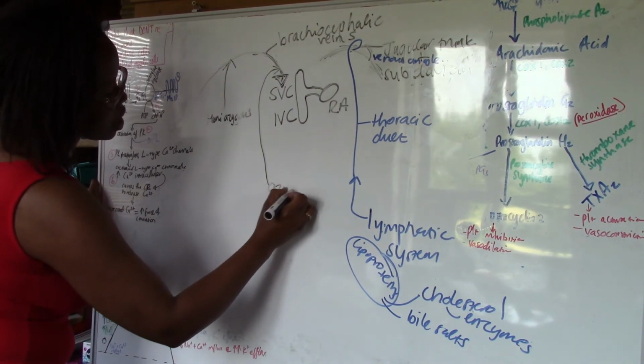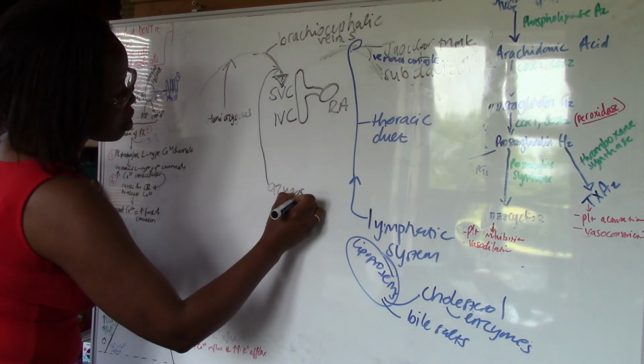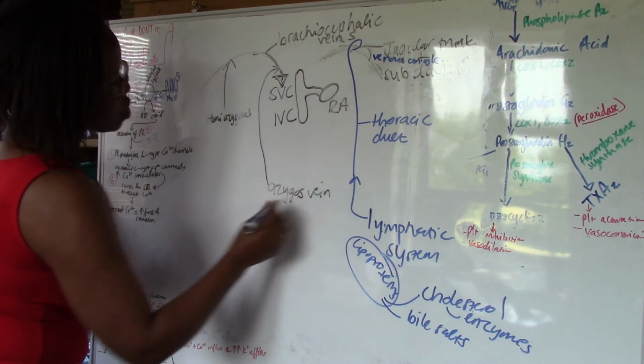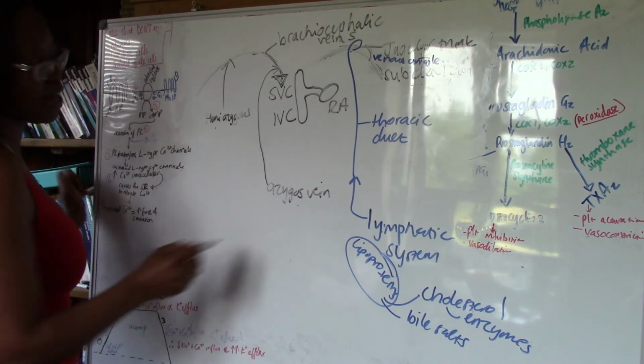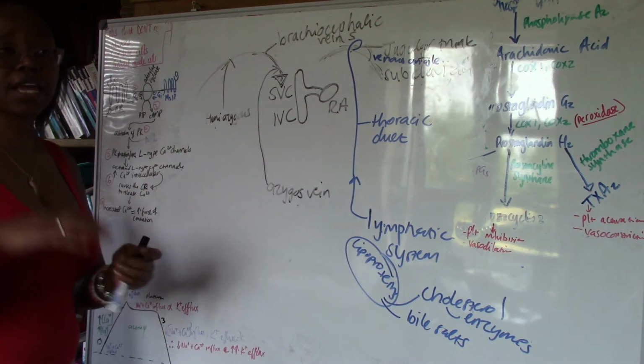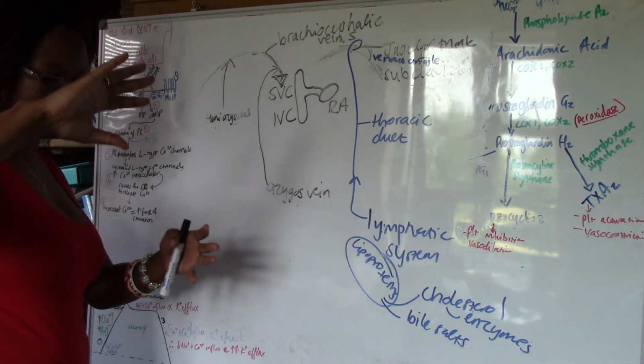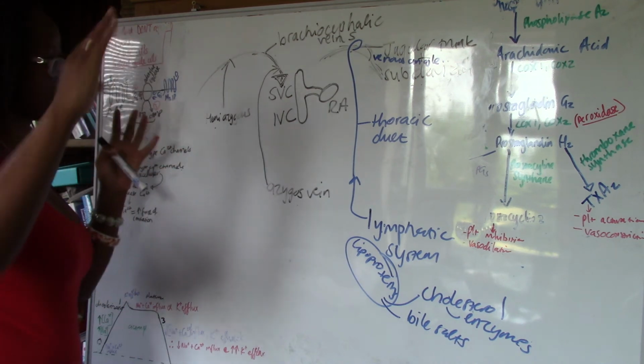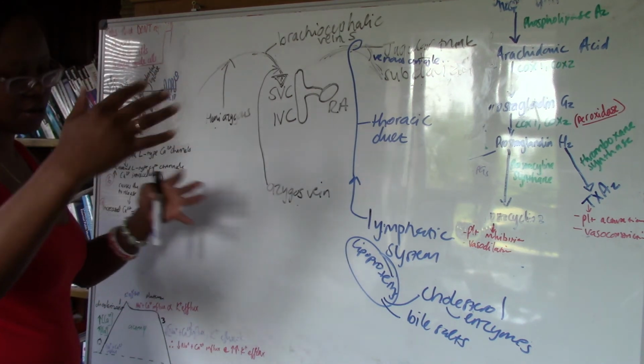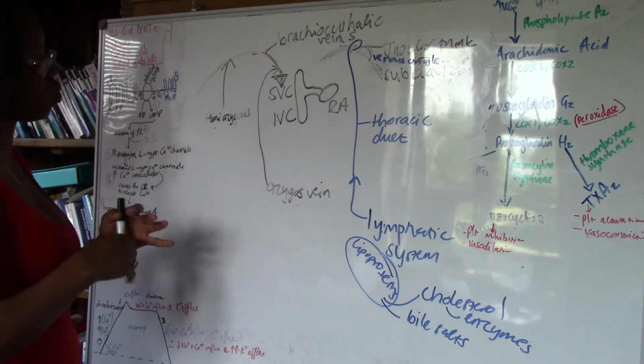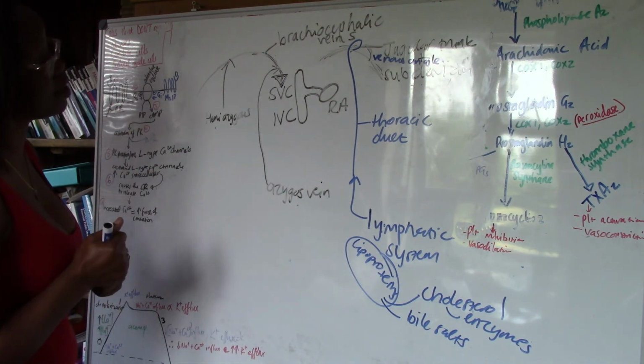So the hemiazygos and the azygos vein drain the internal walls of the thoracic cavity. So the anterior and posterior internal walls of the thoracic cavity.